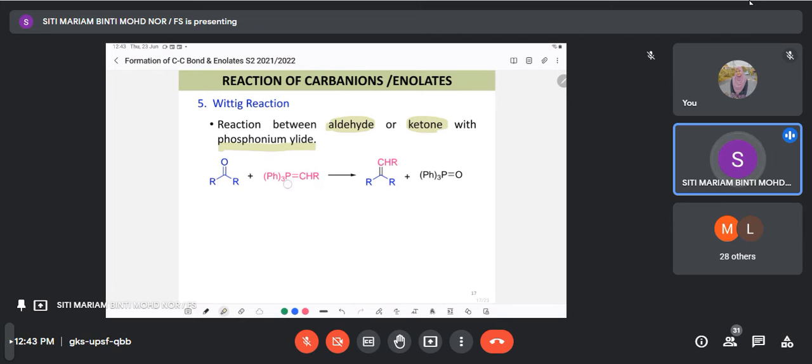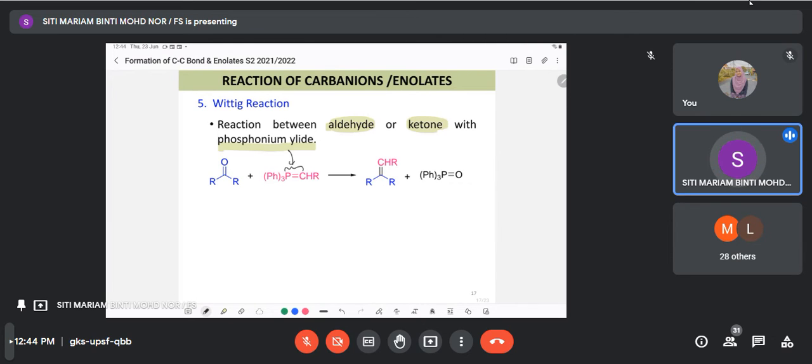Then you have a double bond between P and carbon, and then the R group. The characteristic of the ylide is the P double bond with carbon.